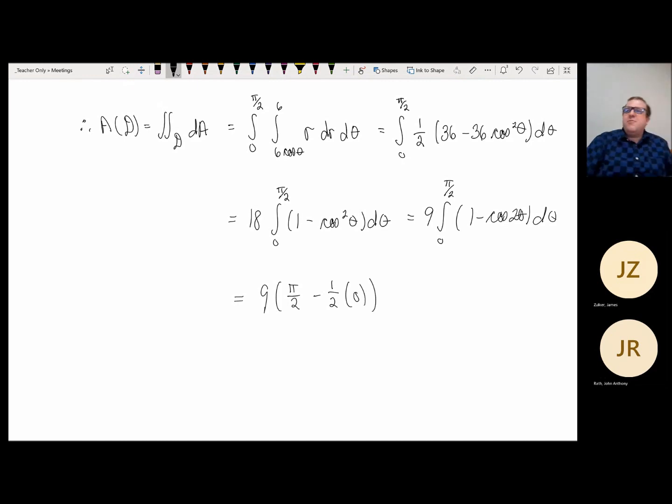That winds up giving us 0 anyway. Our area is 9 pi over 2. If you were masochistic enough to try and do this in rectangular coordinates, you would get 9 pi over 2, which means you're going to wind up having to do trig sub.